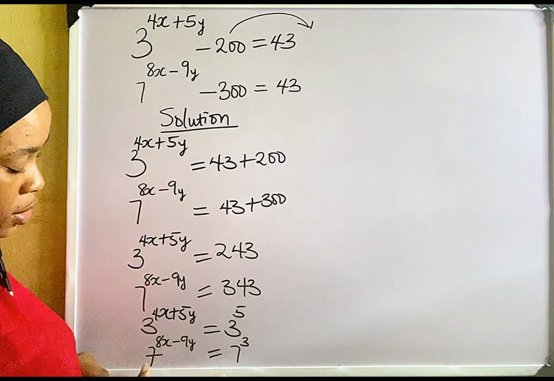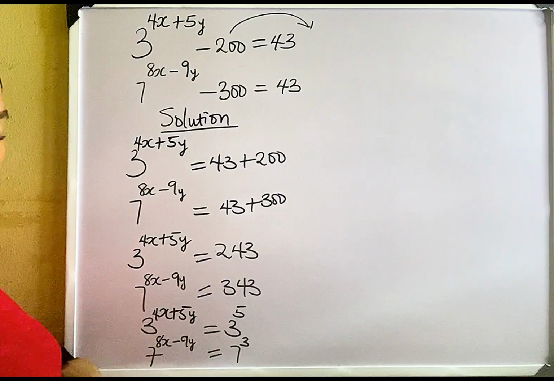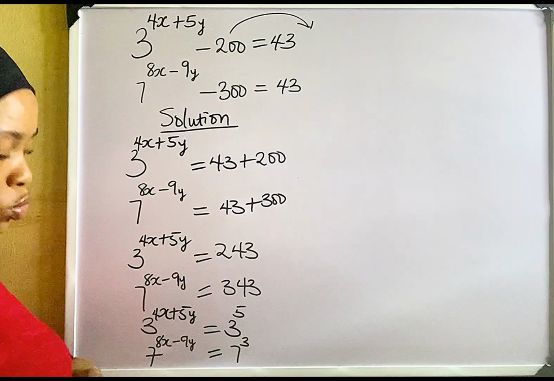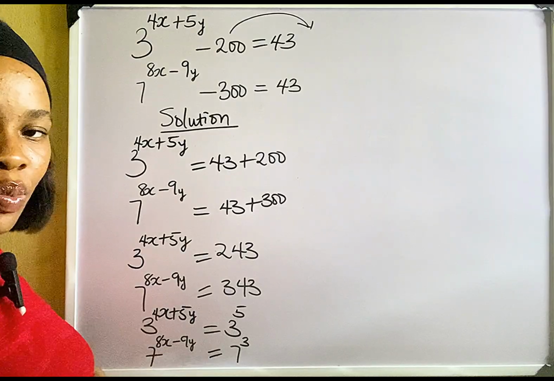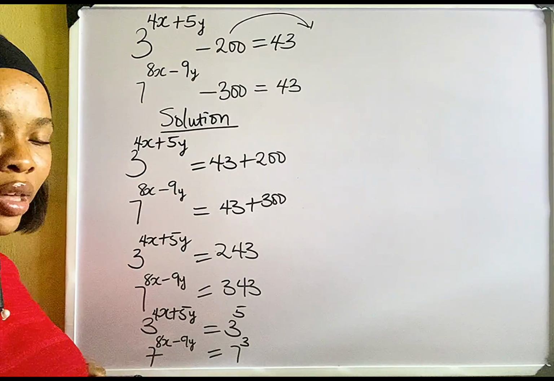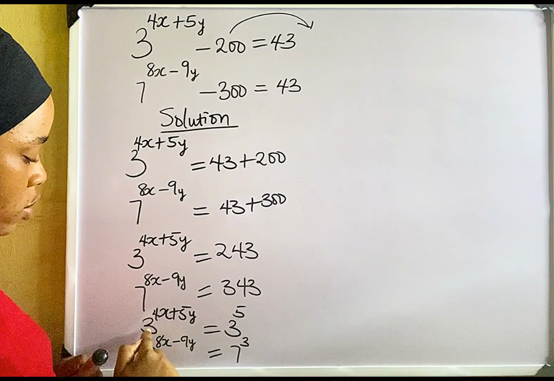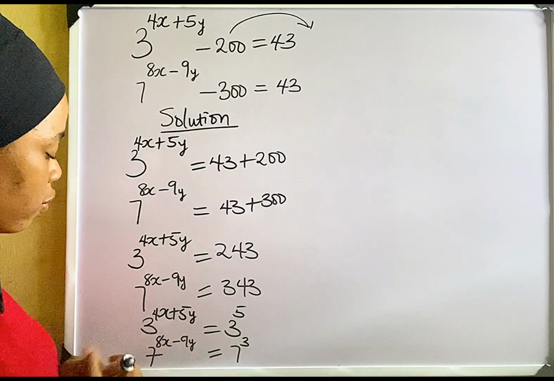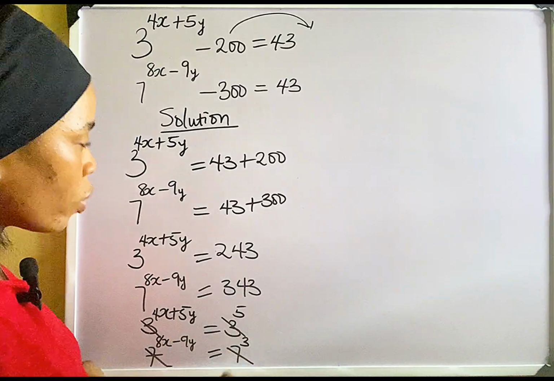Now you can see that this is an exponential equation. So what we do, since the bases are the same, we simply cancel the base and then equate the powers. You can see this is 3, this is 3, this is 7, this is 7. So we cancel the base and then we equate the powers.